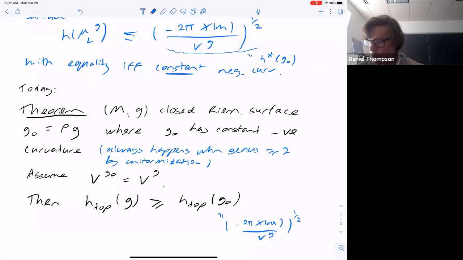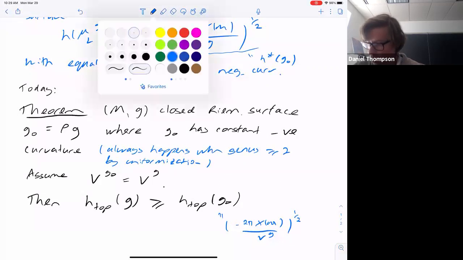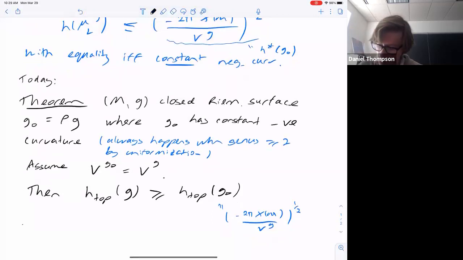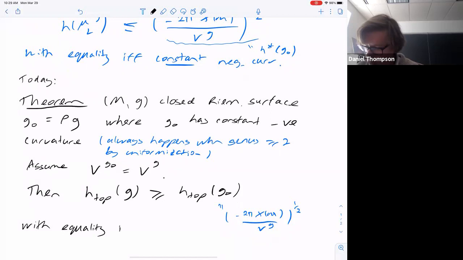Okay. And with equality, how should I write it? And only if rho equals 1, i.e., again, you only actually get there at the constant curvature case. Okay.